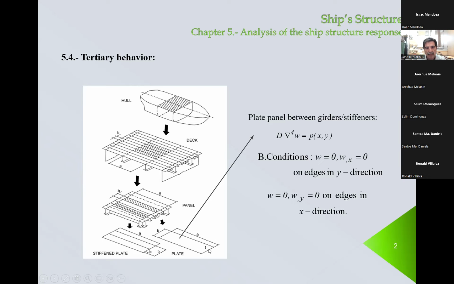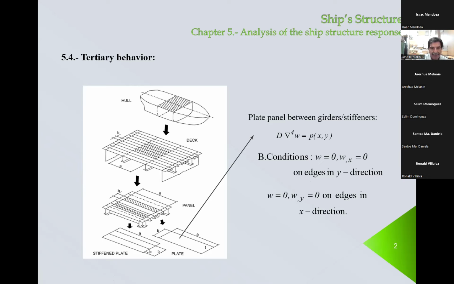And in this direction, for these other edges, the slope also has to be 0. That means that we could assume that each one of these plates is clamped completely on the 4 edges. That's a model for this problem.